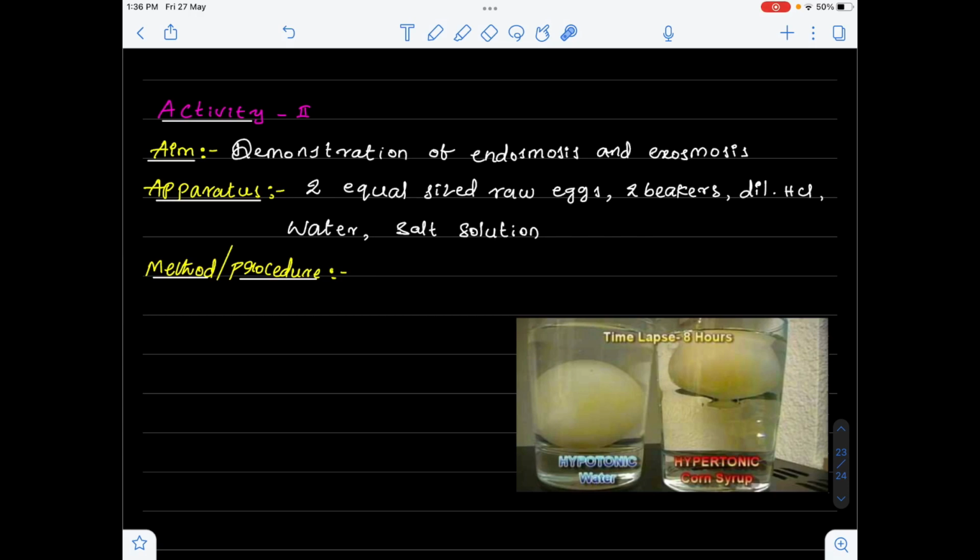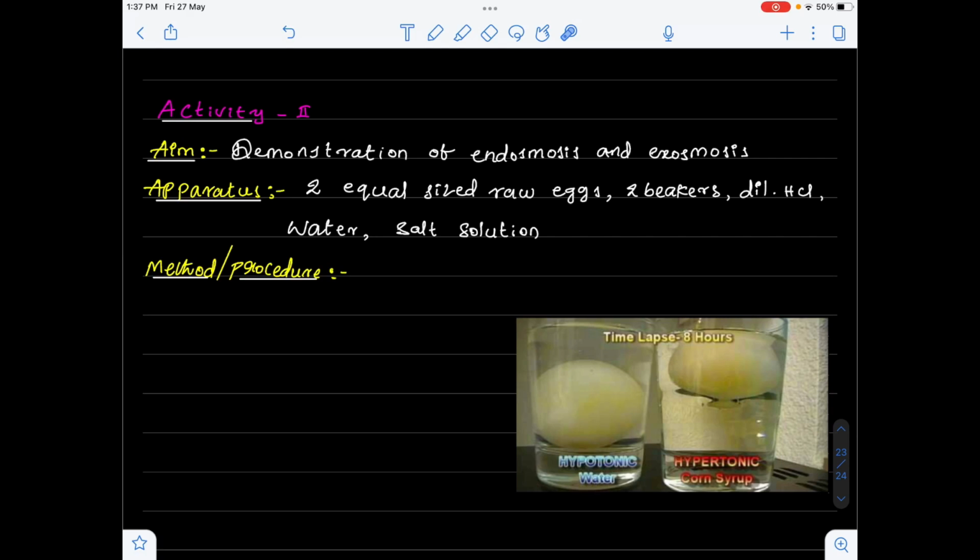We should wash them with water 2 to 3 times carefully, and here each egg is surrounded by a membrane, and we can call it a plasma membrane or a cell membrane. It acts as the semi-permeable membrane. And after that we should place one egg in water. See, this is the egg without shell. So this is called a de-shelled egg.